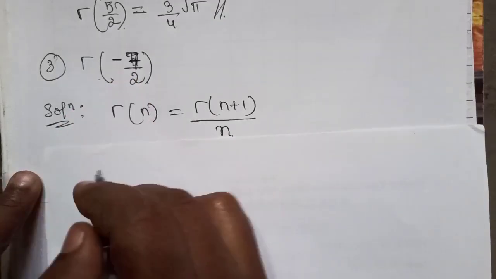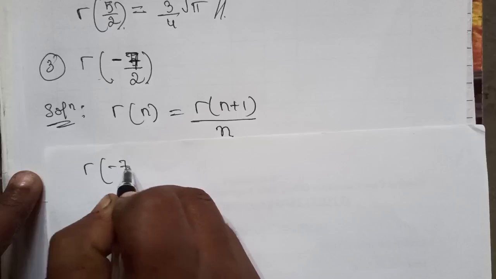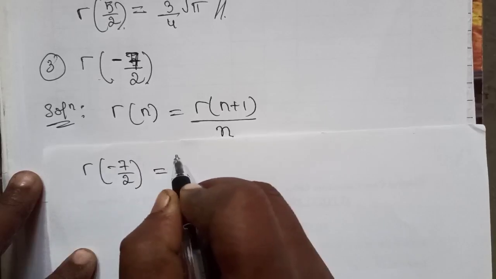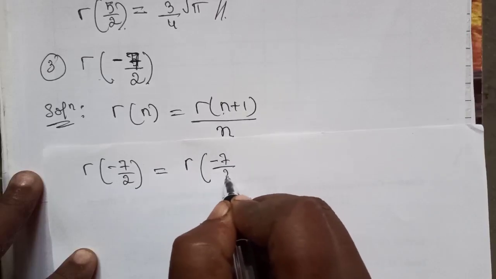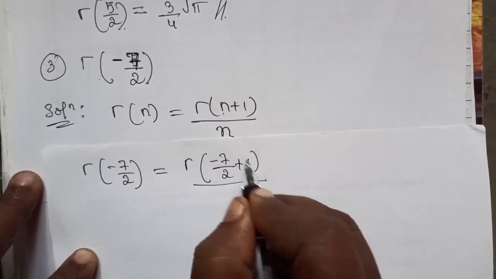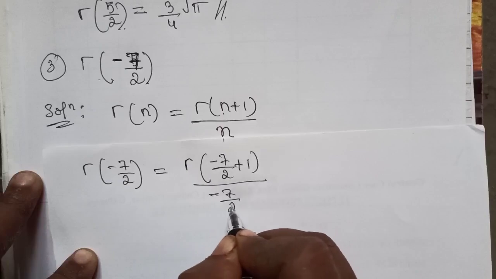So therefore this gamma of minus 7 by 2 can be written as gamma of minus 7 by 2 plus 1 divided by minus 7 by 2.